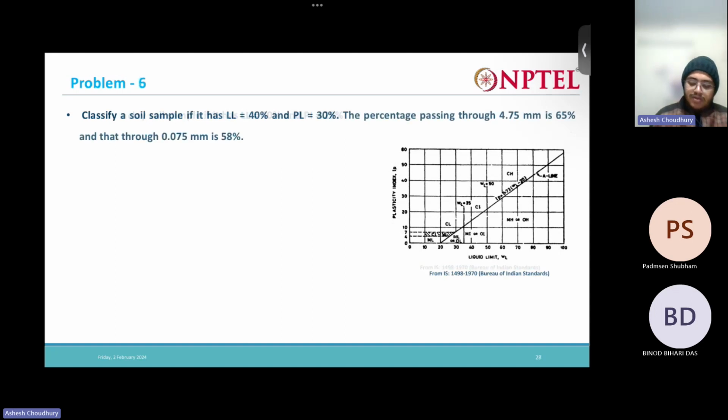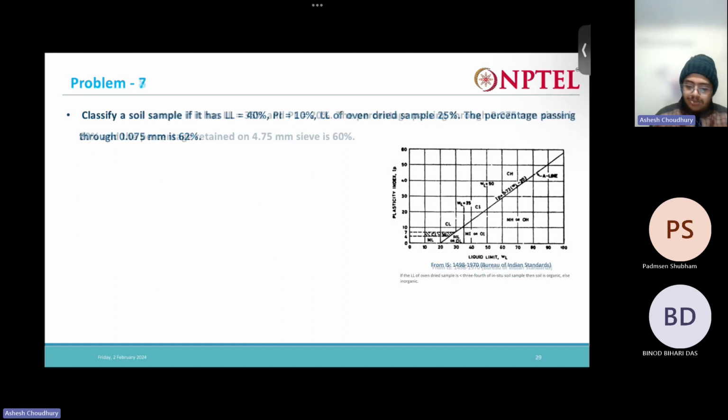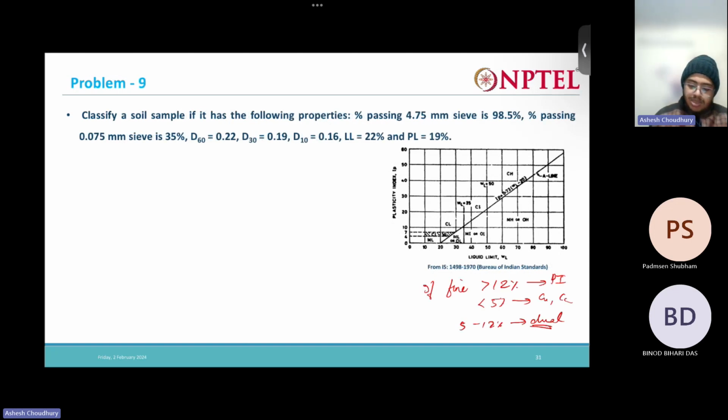The more problems you solve, the clearer this will be. Try to solve these examples once again by yourself without seeing the solution. Then it will be crystal clear.